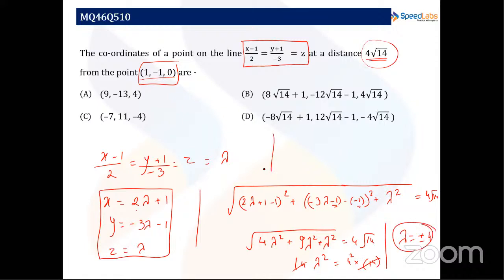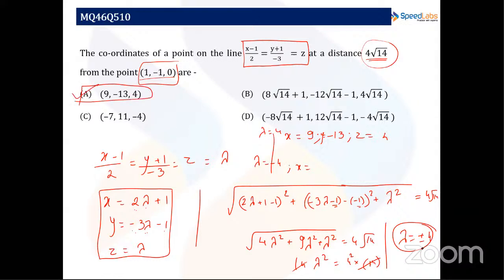So putting the value of lambda equals to 4, we will get x coordinate 9, 2 into 4 plus 1, y coordinate minus 12 minus 1, that is minus 13, z coordinate 4. So our option number A is correct.